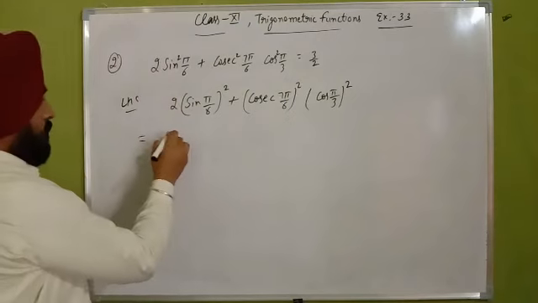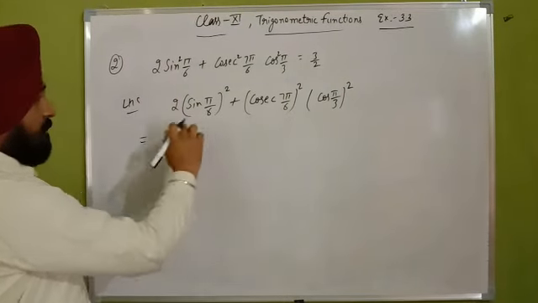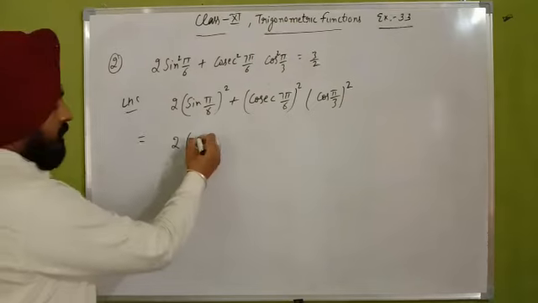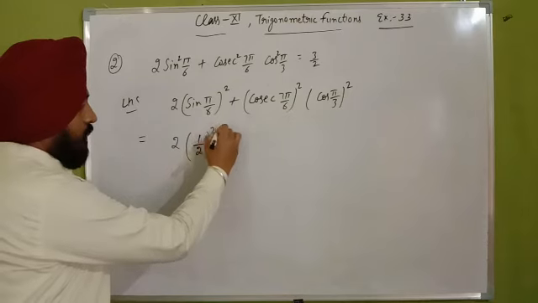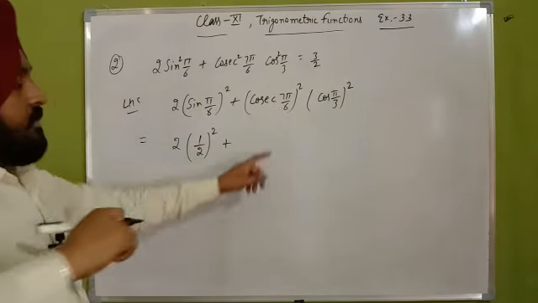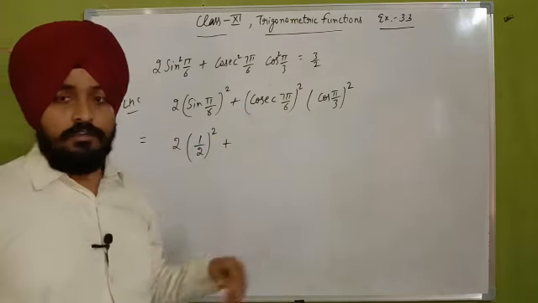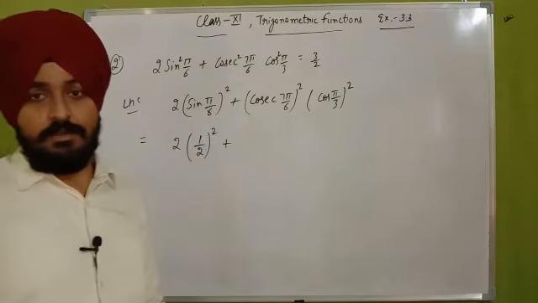In the next step we can say the value of sine pi by 6 means pi is 180 degree over 6, 30 degree, sine 30 degree again gives you 1 over 2 value, plus now there is 7 pi by 6. So how to reduce this angle you have learned in the previous exercise 3.2.